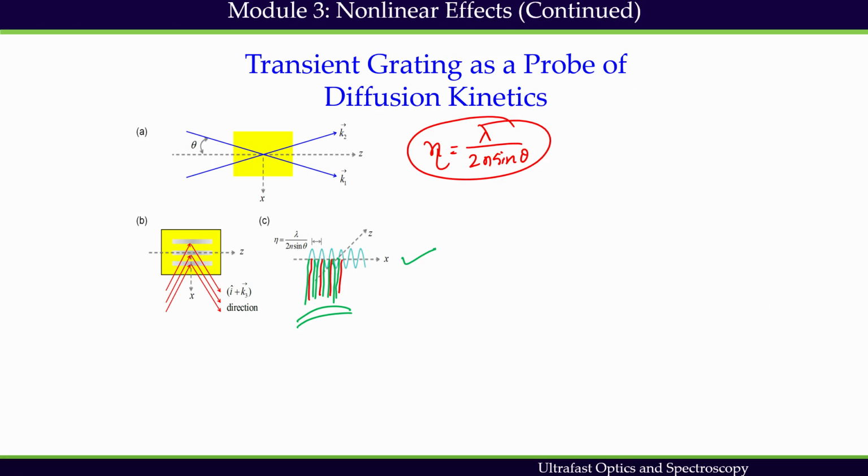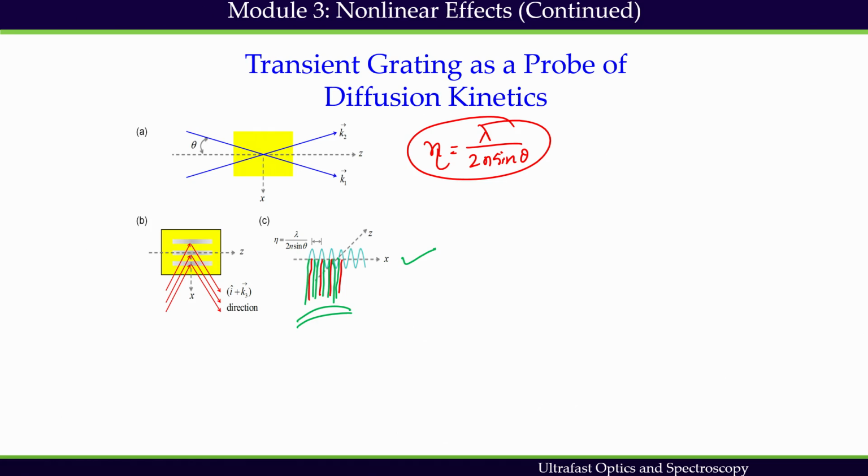Now, the time delayed third beam, which is the probe beam, can then be diffracted off this grating. In other words, the excitation with the pair pulse leads to periodic spatial variation of the complex index of refraction of the medium. Some space in the sample possesses excited state molecules and some possesses ground state molecules.